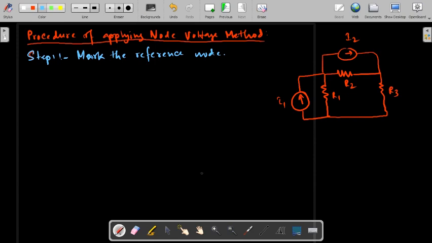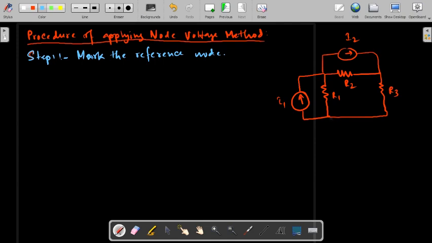Reference node selection is very important when there are independent voltage sources present in the circuit. Whenever there are no independent voltage sources present in the circuit, you can take any node as the reference node. As you can see in this circuit, there are only independent current sources, so we can take any node as the reference node.